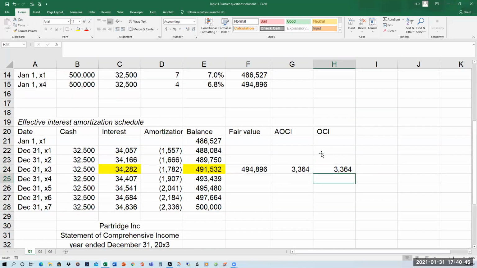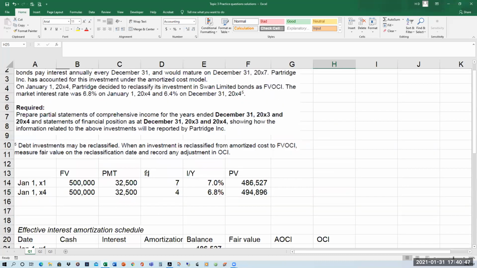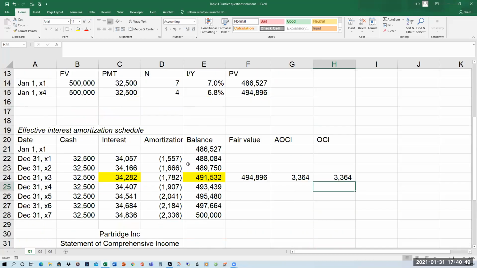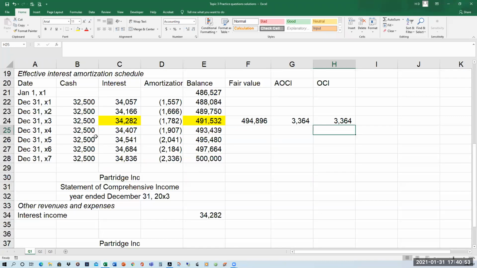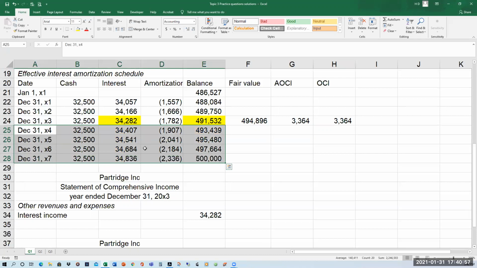Then subsequently, on December 31st, year 4, now what needs to happen is that we have to prepare a new effective interest amortization schedule, because this effective interest amortization schedule is no longer in play. We want to prepare an effective interest amortization schedule. No, hang on.